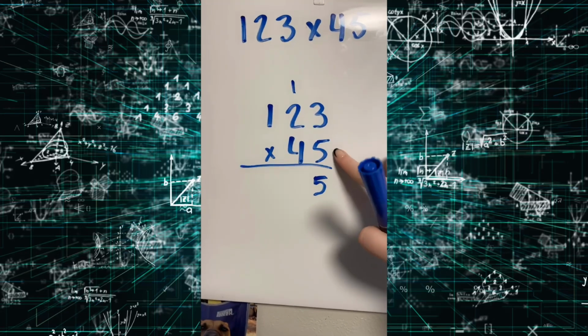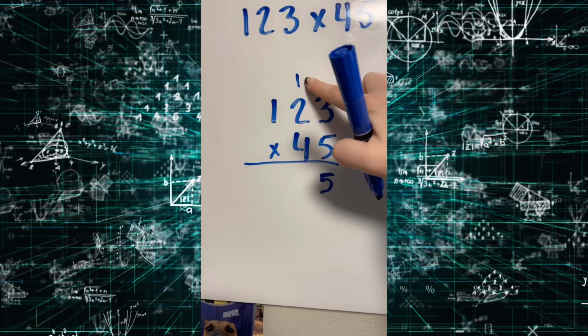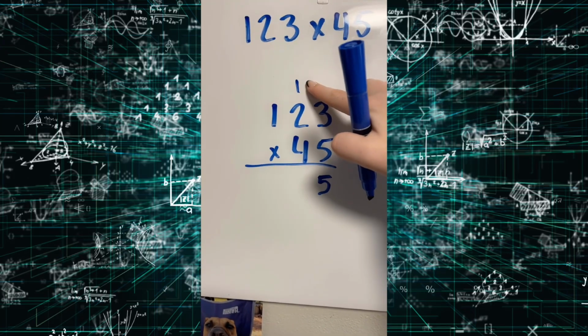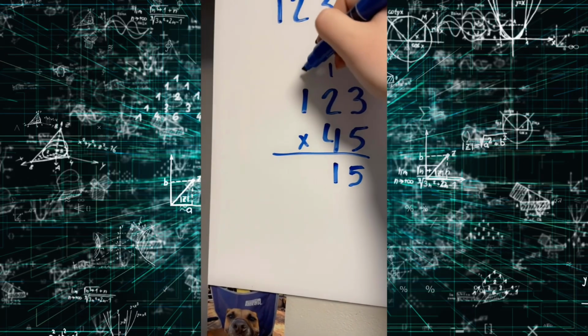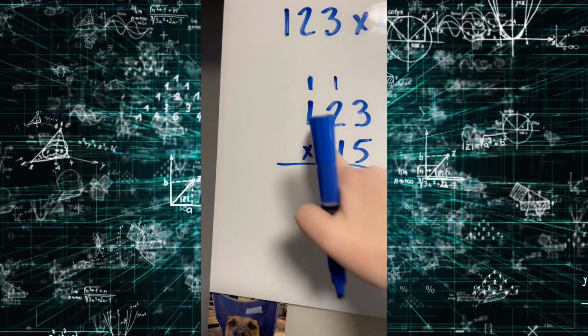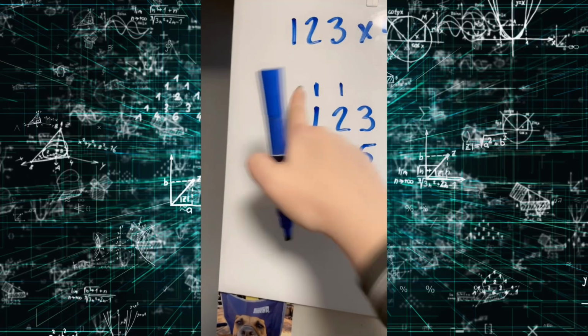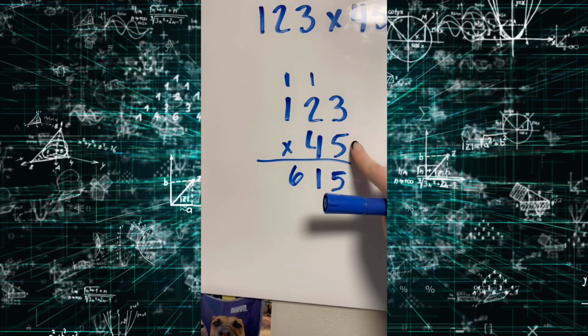Now I'm going to do 5 times 2, which is 10, and I'm going to add the 1 here. So 10 plus 1 is 11, so we have our 1 from the 11, and then our 10 from the 11. Now we've got 5 times 1 is 5, plus 1 is 6. So now we're done with our 5.